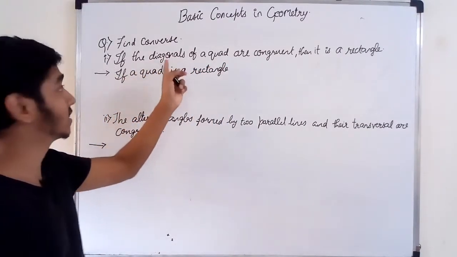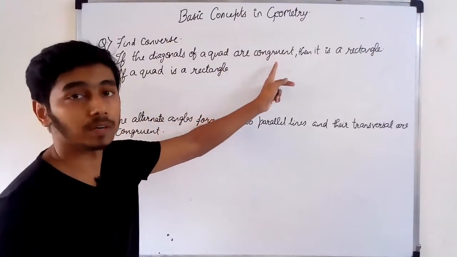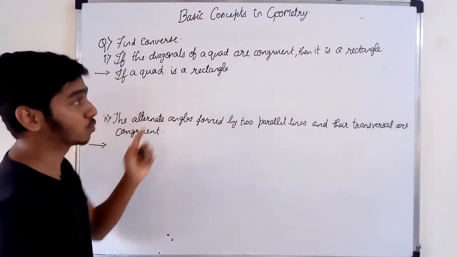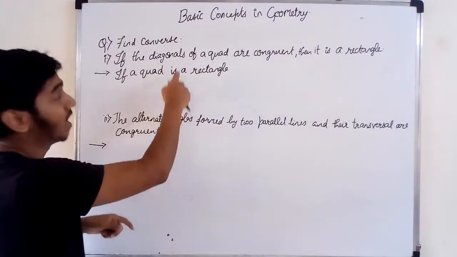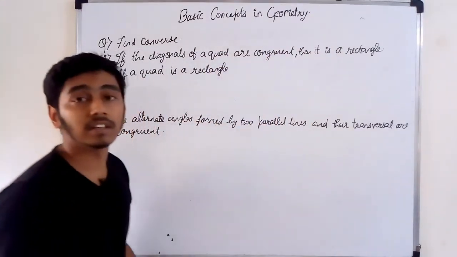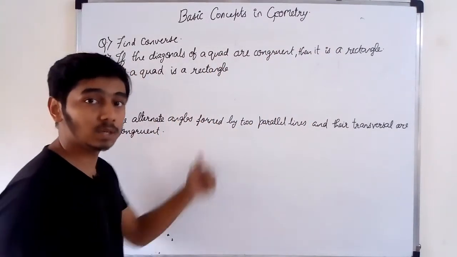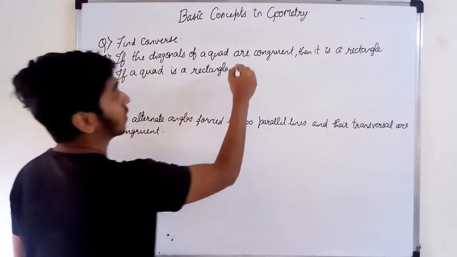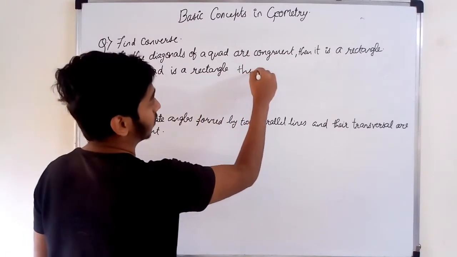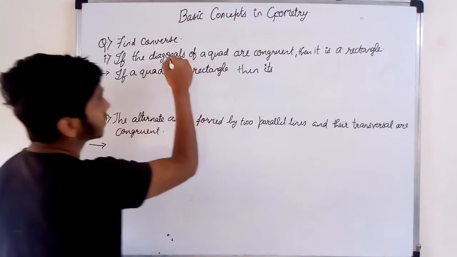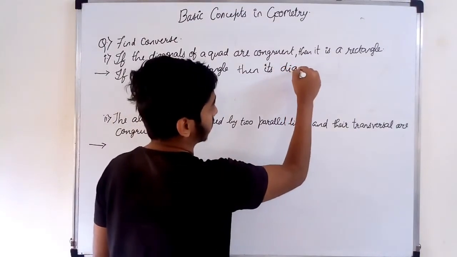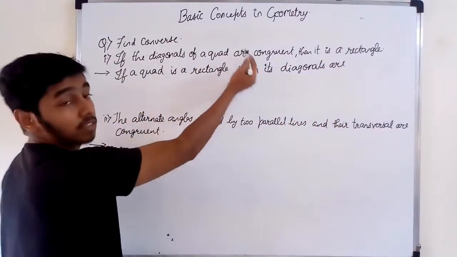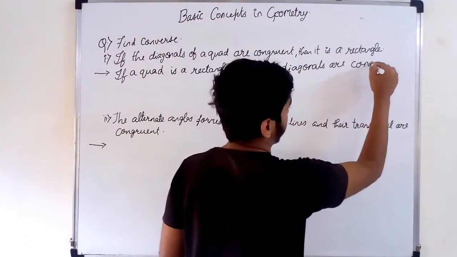Here it says if the diagonals of a quadrilateral are congruent, so diagonals congruent, and this part, it is a rectangle. So what are we supposed to switch? It is a rectangle comes here and diagonals are congruent goes after then. I hope this is easy to understand now. So if a quadrilateral is a rectangle, then its diagonals are congruent.